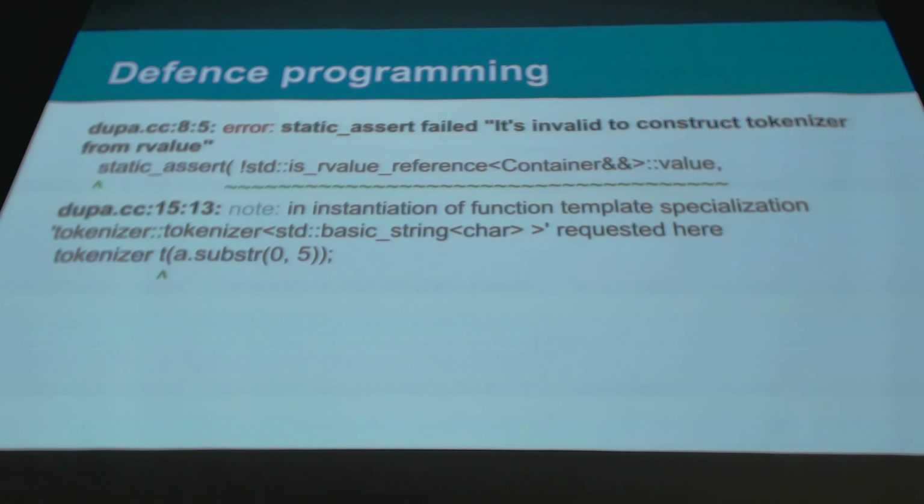Error, static assert failed, it's invalid to construct a tokenizer from an Rvalue. This is a very nice template error. I would like to see something like this instead of a backtrace so long that I cannot scroll to the top.